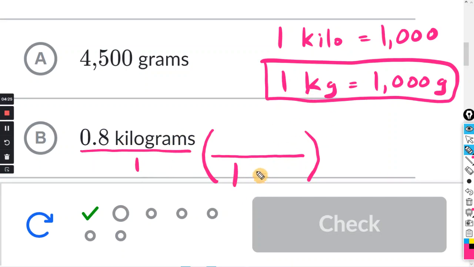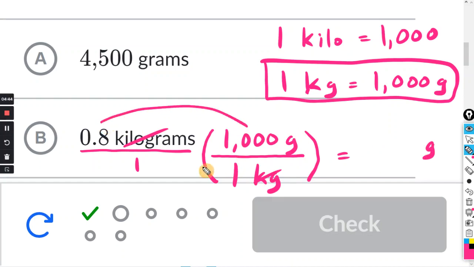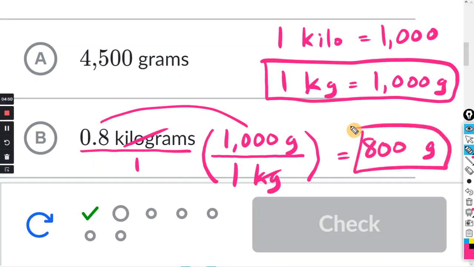So 1 kilogram equals 1,000 grams. Kilograms divided by kilograms cancel, and the only units left are grams. 0.8 times 1,000, you just move the decimal over 3 places when you multiply by 1,000. So that is going to be 800 grams.